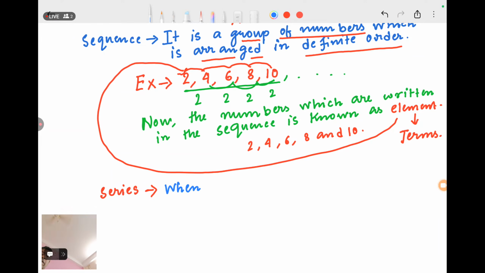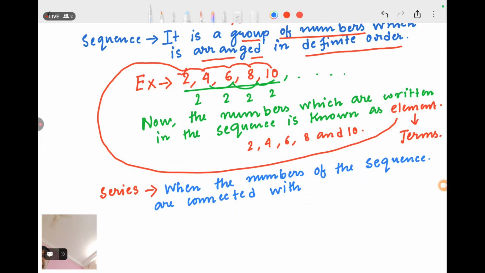When the numbers of the sequence are connected with a positive or negative sign, it is known as series. Have you understood?